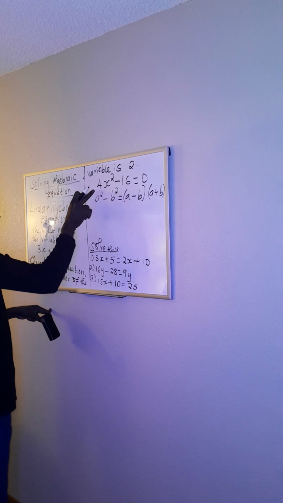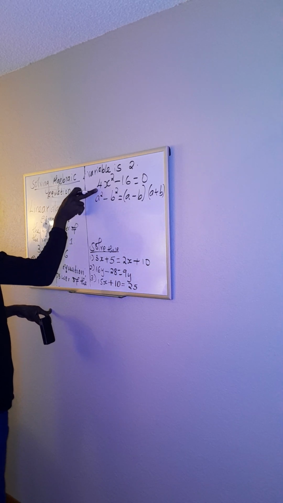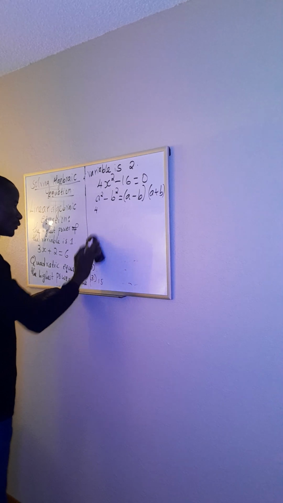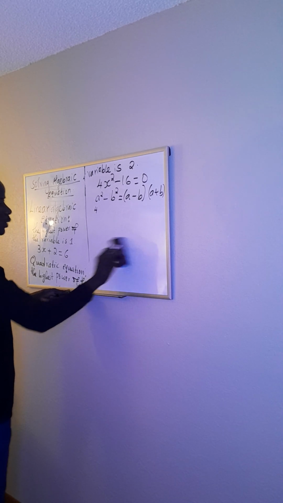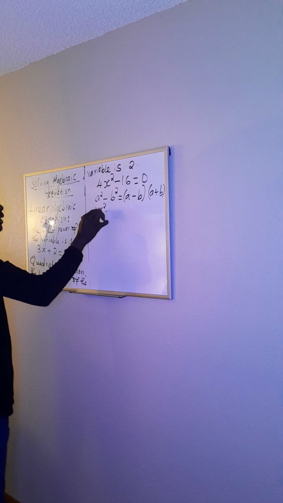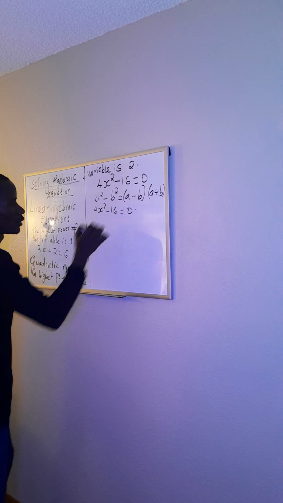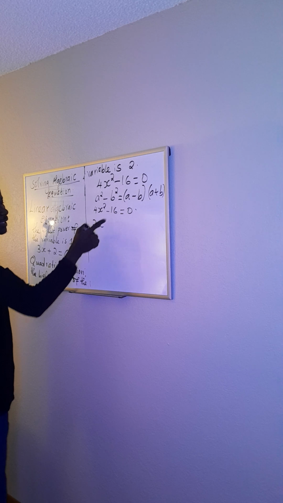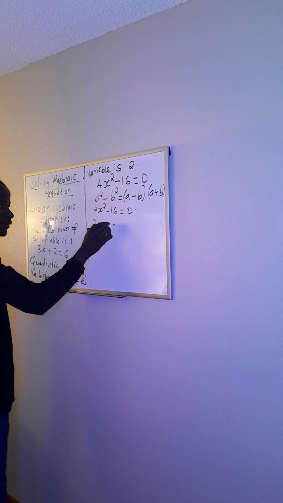Then I solve it. What is the square root of 4 in 4x squared minus 16 is equal to 0? The square root of 4 is 2. The square root of x squared is x. The square root of 16 is 4.